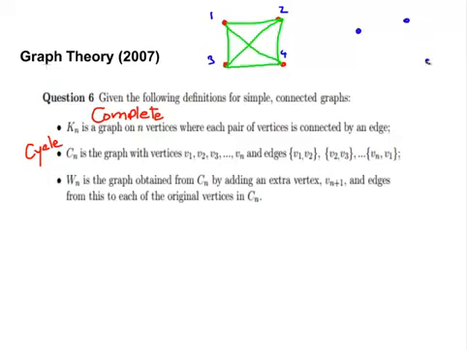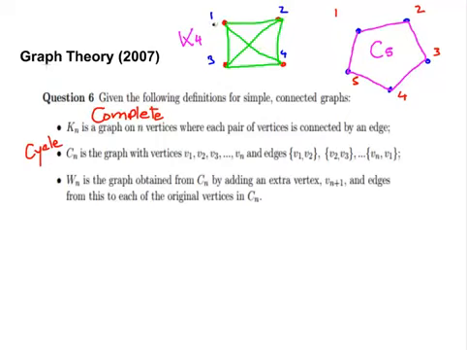Let's say we have 5 vertices, 1, 2, 3, 4, and 5, and the idea of a cycle graph is that they're connected in a chain going back to the first one, like that. We call that C5. That one over there we call K4.